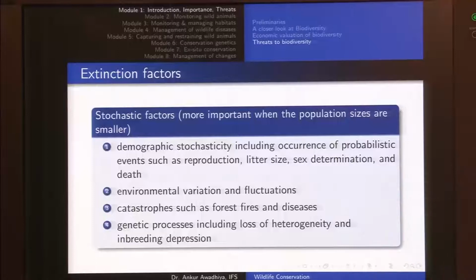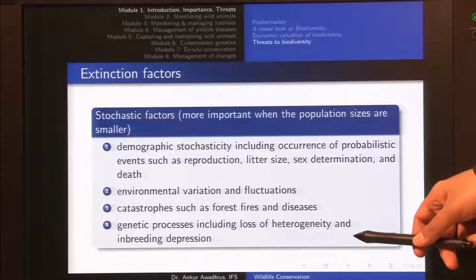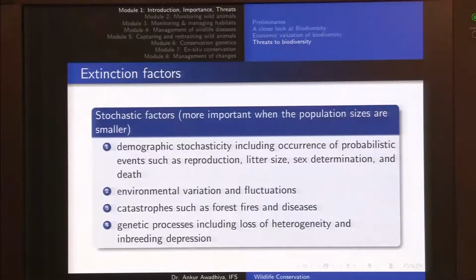Then catastrophes such as forest fires and diseases that remove a number of individuals from the population. Also things such as genetic processes, including loss of heterogeneity and inbreeding depression. Now, we will look at these in more detail in the conservation genetics module, but essentially what this is saying is that when you have a very small population size, all the individuals in the population are related to each other.